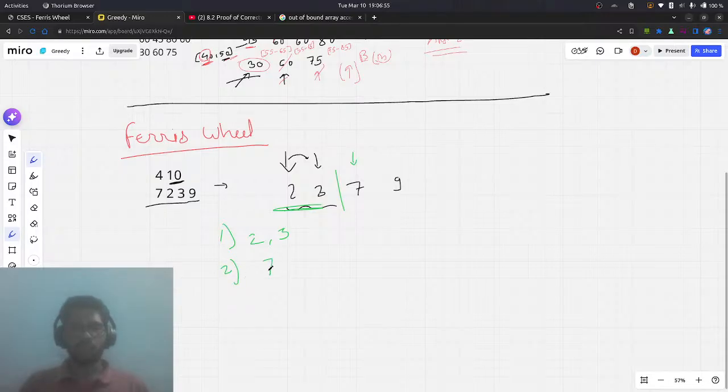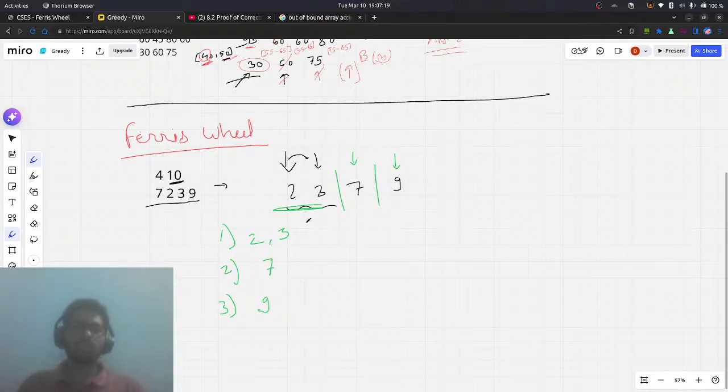Similarly, when we reach over here, 7 and 9 is 16, again breaking the limit, so we will add a breaker here also. Then 7 will be kept in a separate group.